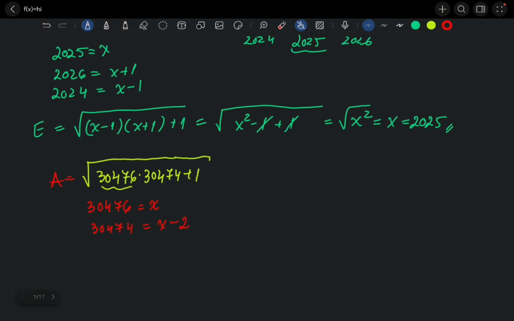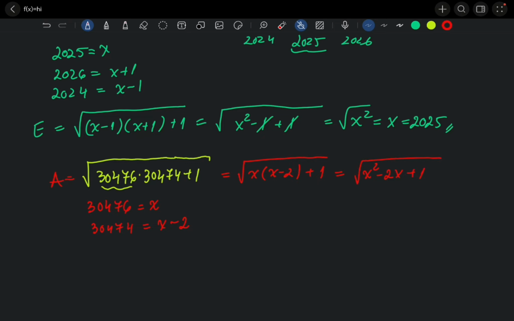And by doing this substitution, we get that a is equal to the square root of x times x minus 2, all of this plus 1, which will be equal to, we distribute the x into the parentheses and we get x times x, which gives us x squared. x times negative 2 gives us negative 2x plus 1, and all of this under the square root.